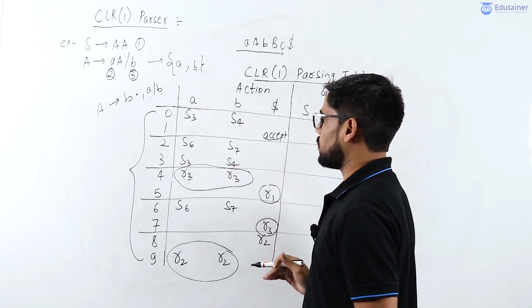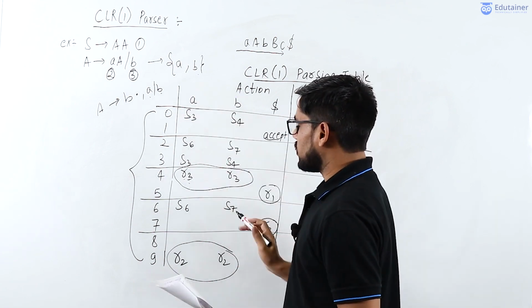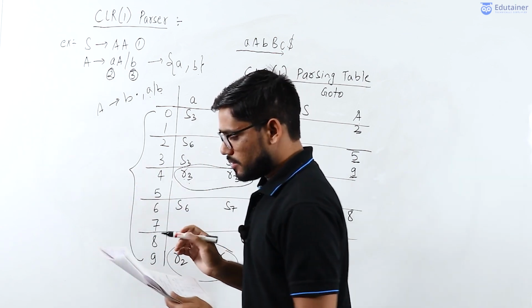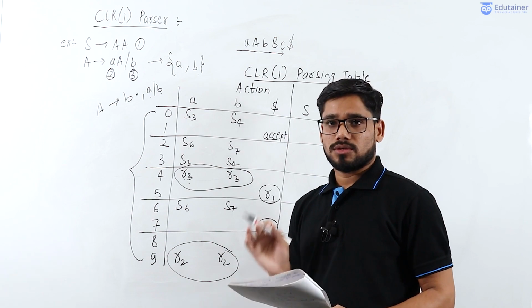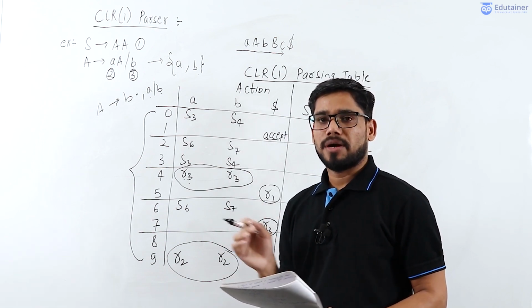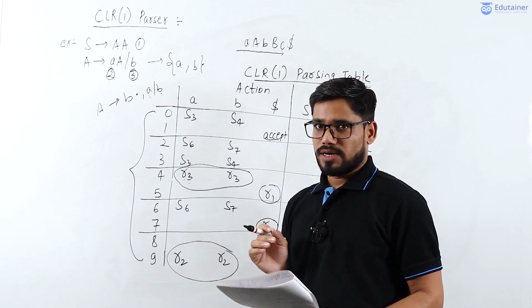Let's just discuss the CLR1 parsing table itself. In the CLR1 parsing table, if you observe, there are total 10 states, but 3 states are the same in terms of canonical collection of LR0 items, but different in terms of lookahead symbol.